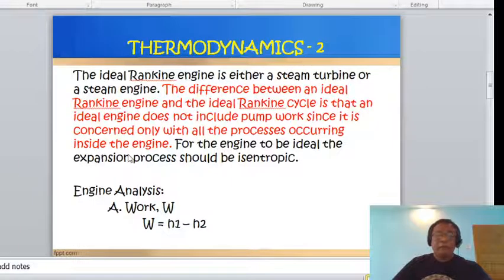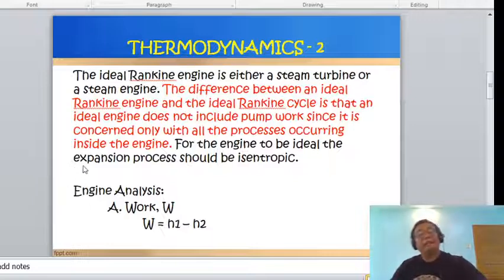The illustration is the same. For the analysis, we have here the work. Work is equal to the difference of the enthalpies at 1 and 2. h1 is the entering enthalpy of the steam from the boiler, and h2 is the enthalpy of the steam leaving the turbine or at back pressure.